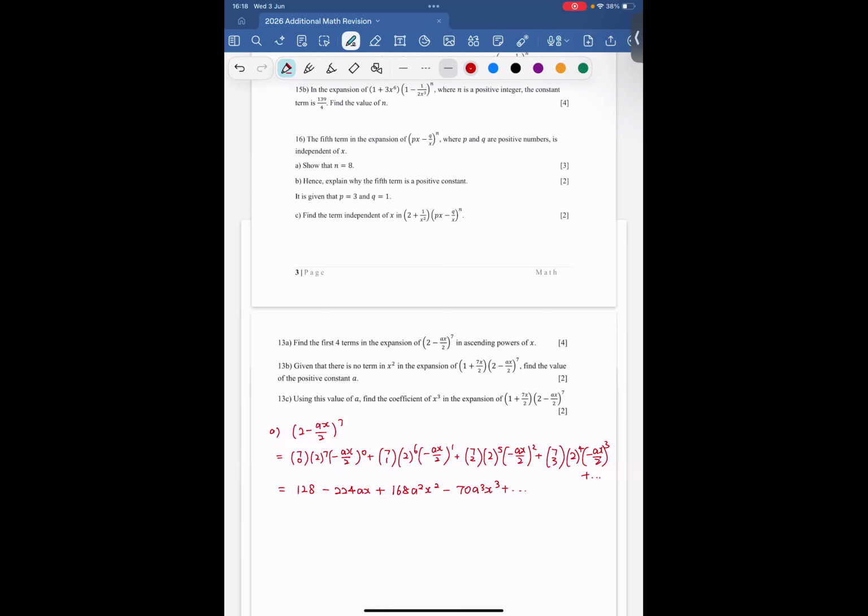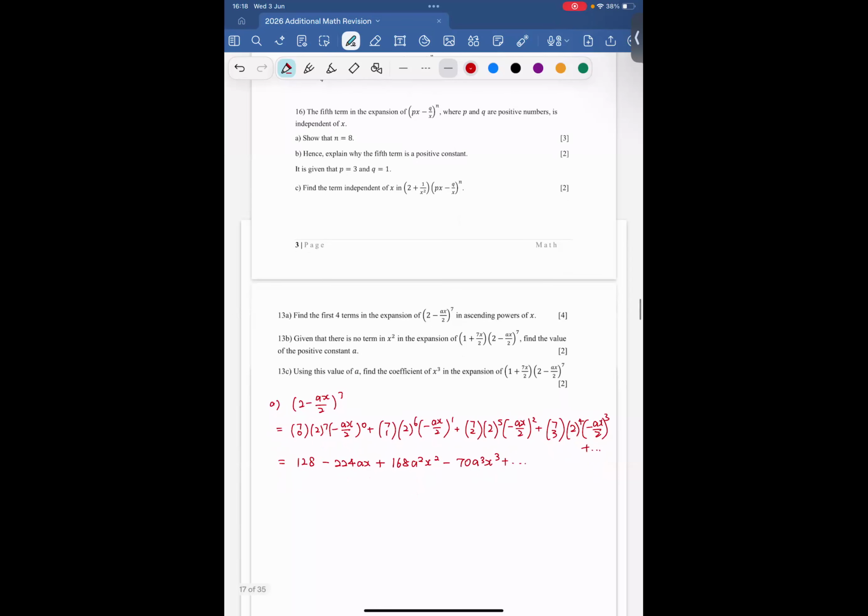Okay, 13b. Given that there is no x squared term in this expansion, find the value of a. So we know that if I expand the power 7, this is what I will get.